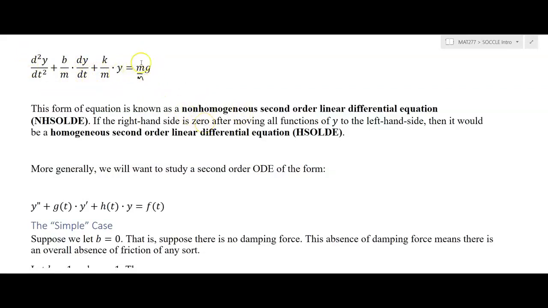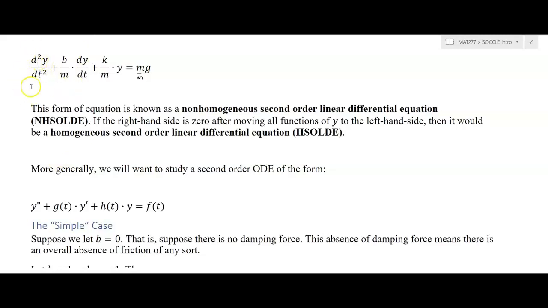If this does end up being 0, for example, if you're ignoring the effects of gravity, or gravity is not really coming into play because of the way the spring mass system is positioned, then there are no external forces beyond that of the system itself. If you remove this mg, it would become homogeneous. So if this were 0, or if you were in a gravity-free zone or a vacuum of some sort.